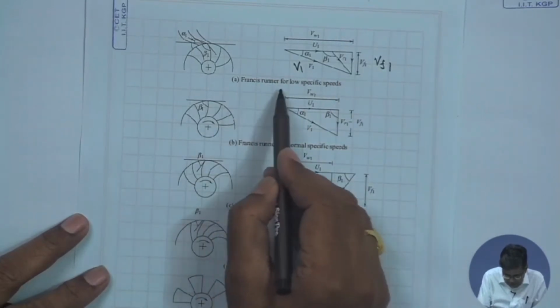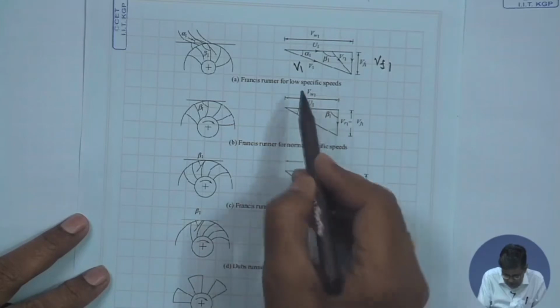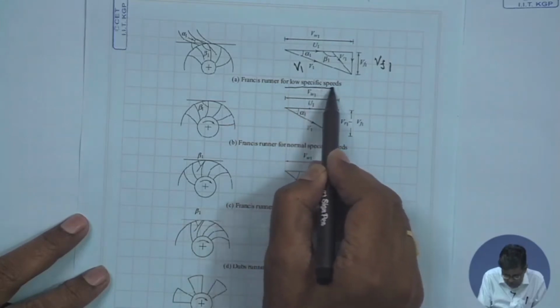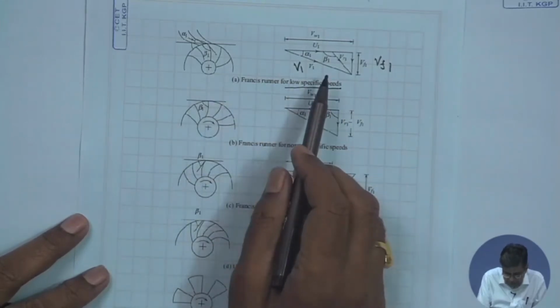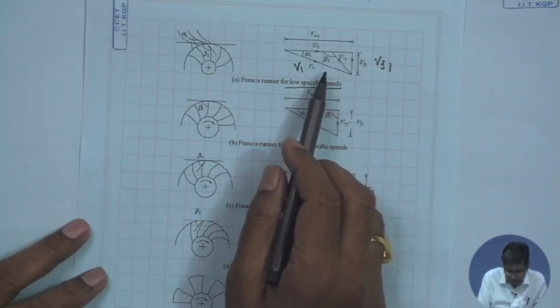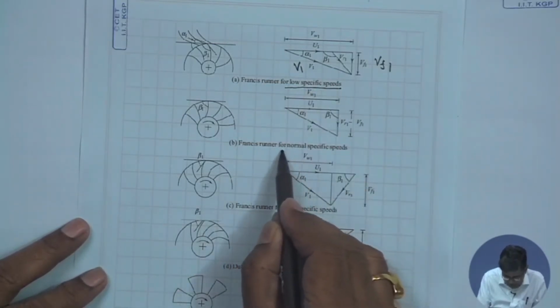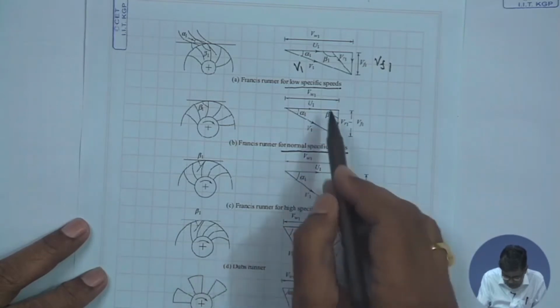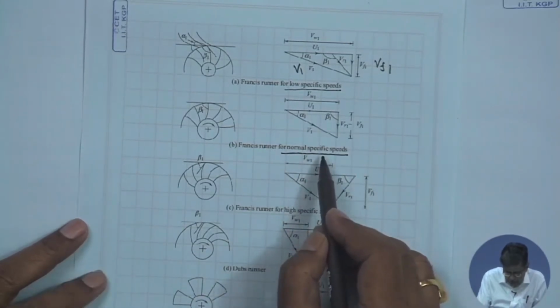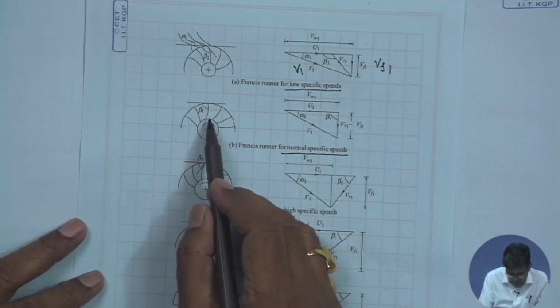This is a Francis runner for a low specific speed, that means the head is relatively higher. Now, when the specific speed increases from low to normal, there is an increase in specific speed or reduction in the head available.